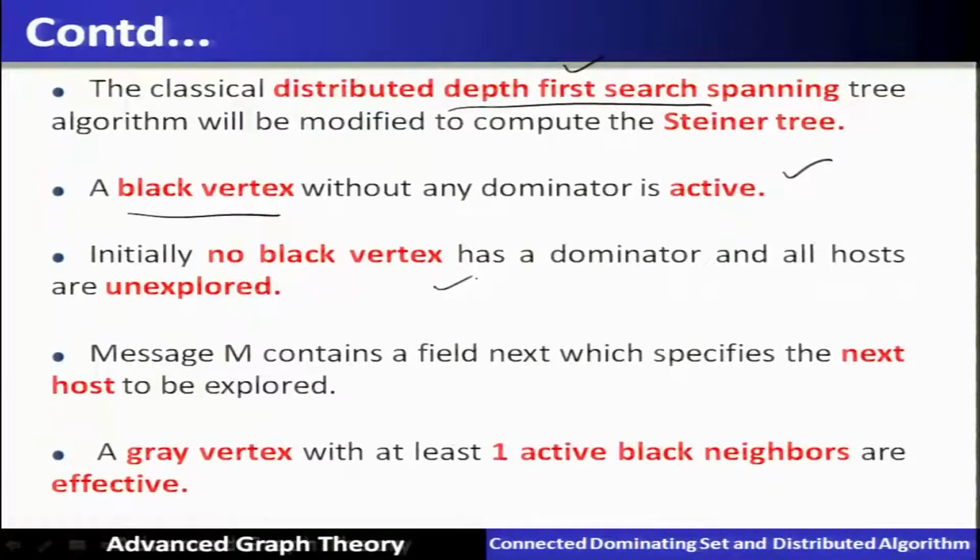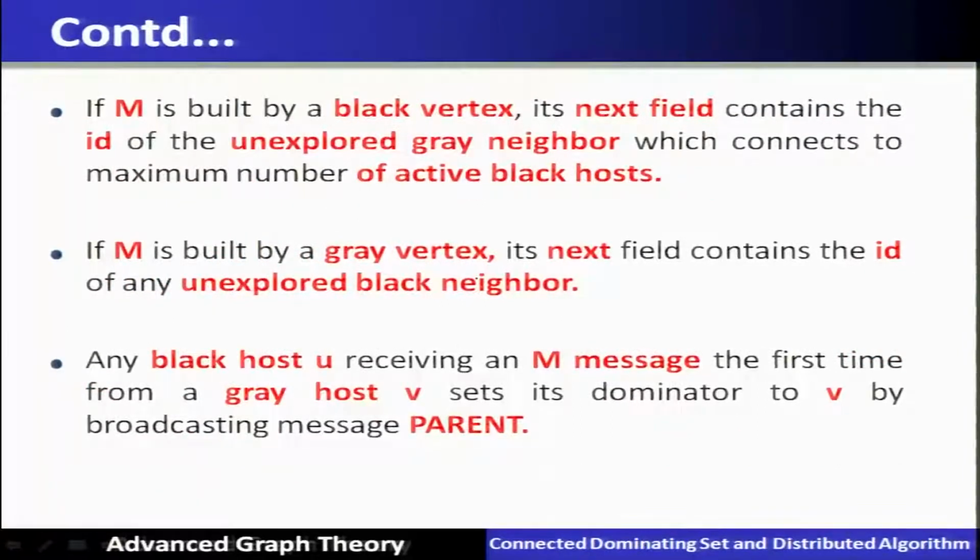Message M contains the field next, which specifies the next host to be explored. A gray vertex with at least one active black neighbor is effective. So M is built by the black vertex. Its next field contains the ID of the unexplored gray vertex which connects to the maximum active black hosts.